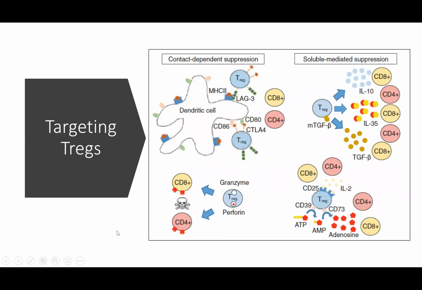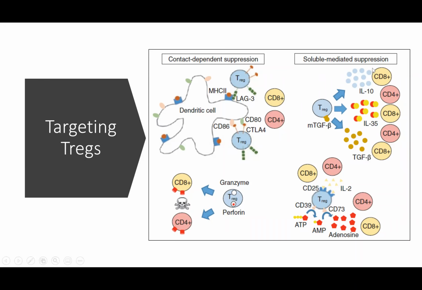Also, we will use some engineering tools to inhibit the activity of T regulatory cells, or Tregs. Tregs have immunosuppressive action by different mechanisms. Either direct contact with dendritic cells, making inhibition of the dendritic cell. Also, they can release granzyme and perforin, in this case, to kill the CD8 positive and CD4 positive T cells and suppress the immune response.